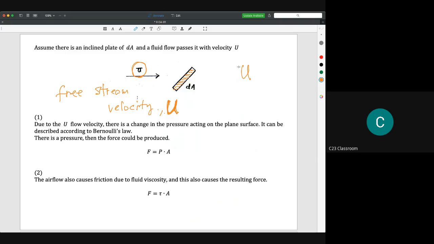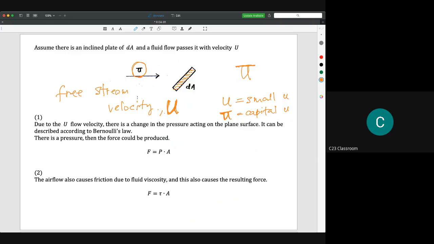So when I write U, it is a small u, and if I write U with a bar like this, it is actually the capital U. Please differentiate the meaning of this one. It doesn't mean the average velocity; it is actually the free stream velocity.